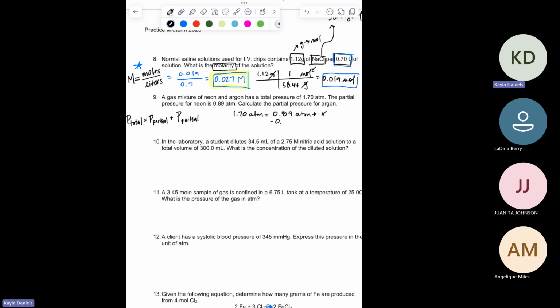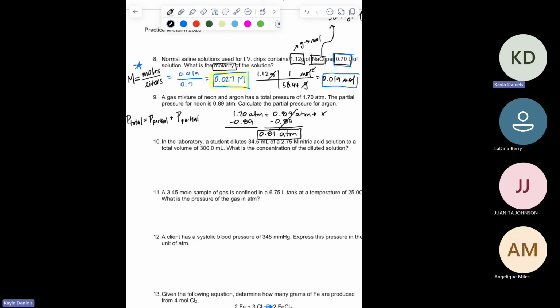All right, so to get x by itself, we'll subtract each side by 0.89. So 1.7 minus 0.89 equals 0.81 atmospheres.